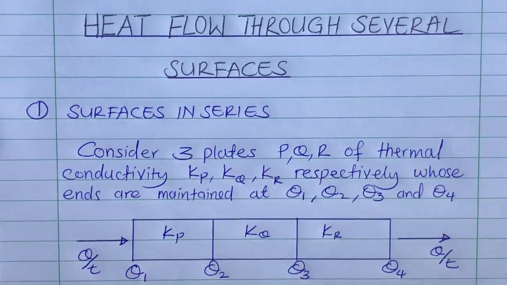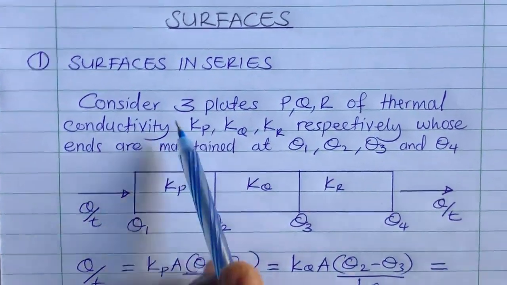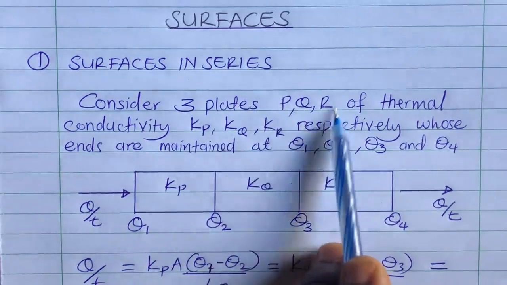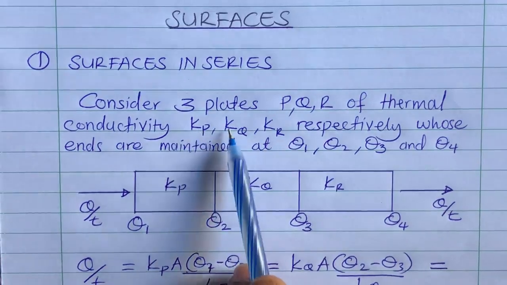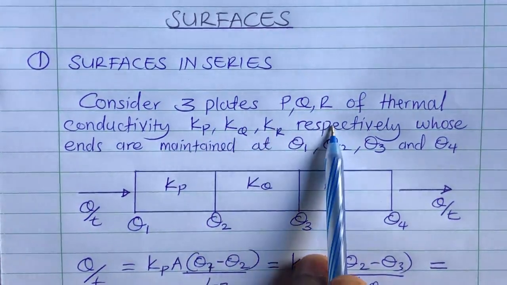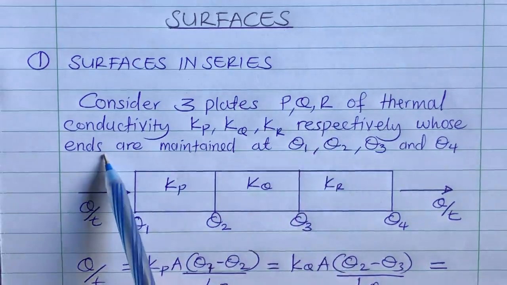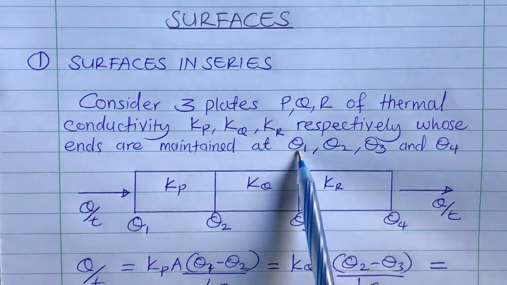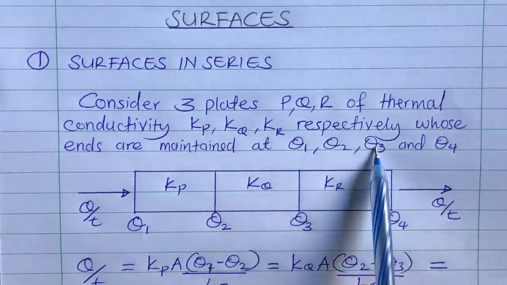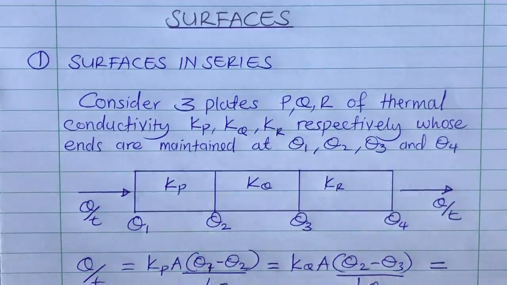For instance, they told us to consider 3 plates, that is P, Q, R, of thermal conductivities KP, KQ, KR respectively, whose ends are maintained at the temperatures theta 1, theta 2, theta 3, and theta 4.